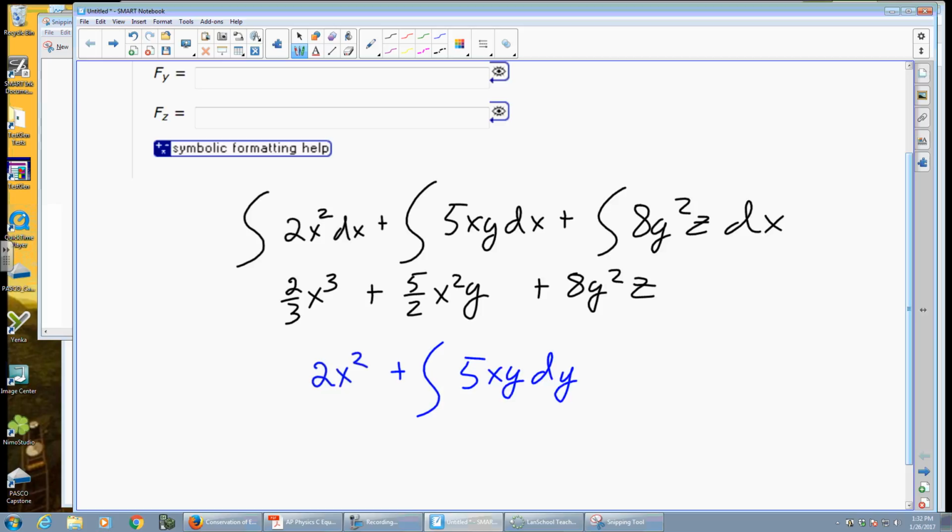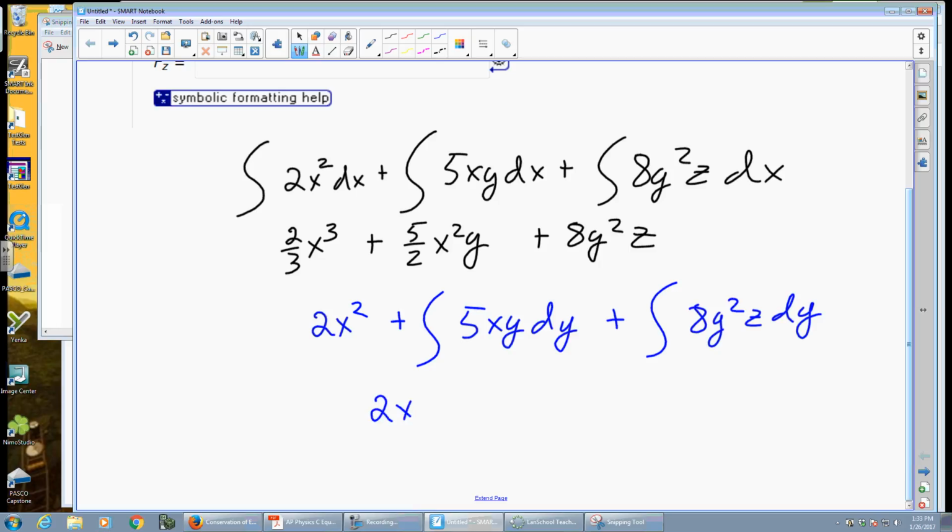The integral of 5xy dy plus 8y squared z dy gives 5/2 xy squared plus 8/3 y cubed z. And I need a y up here.